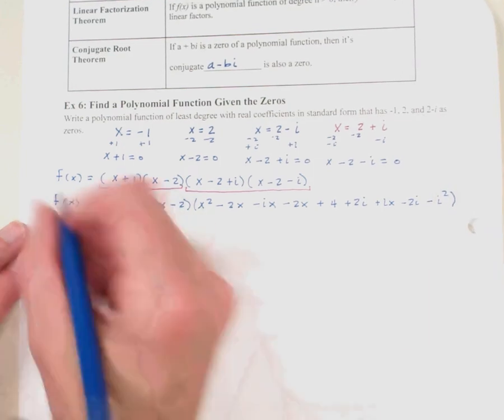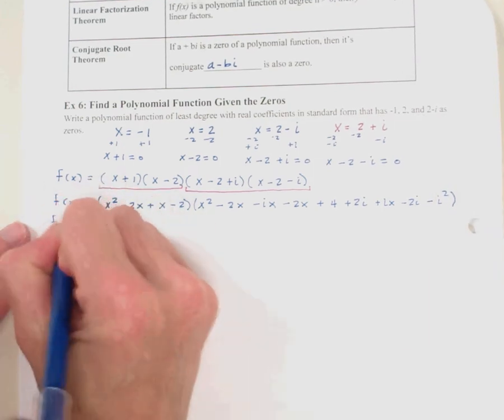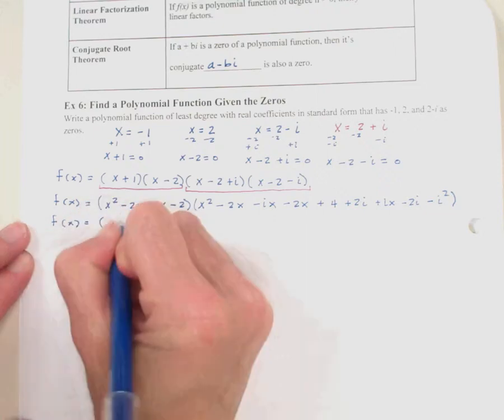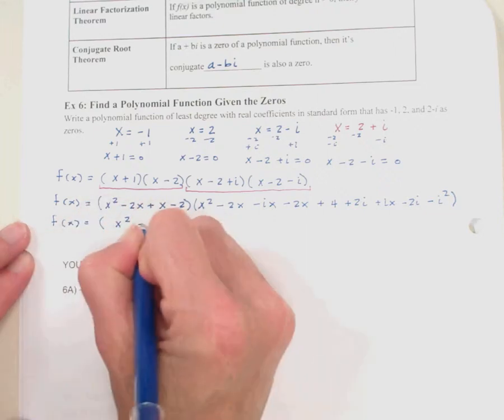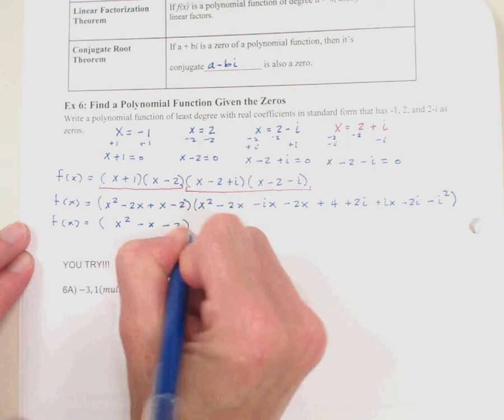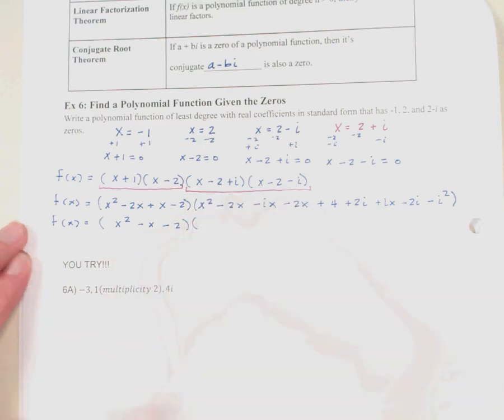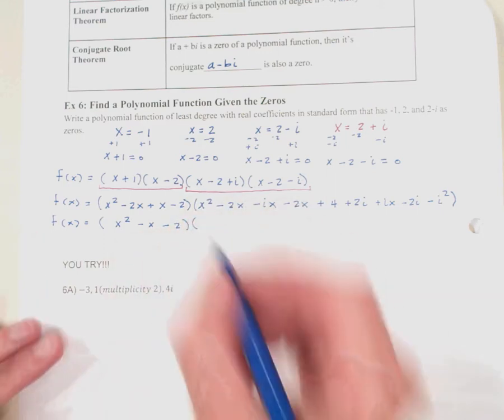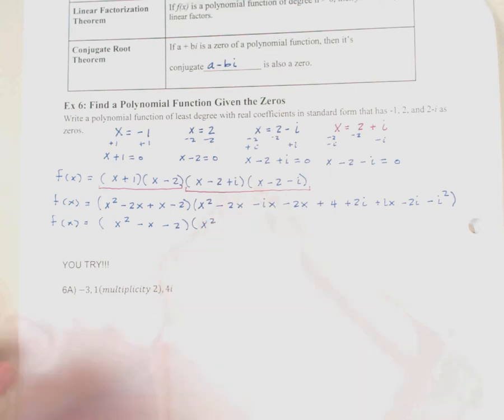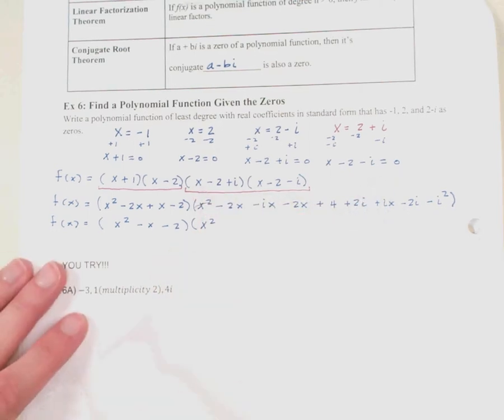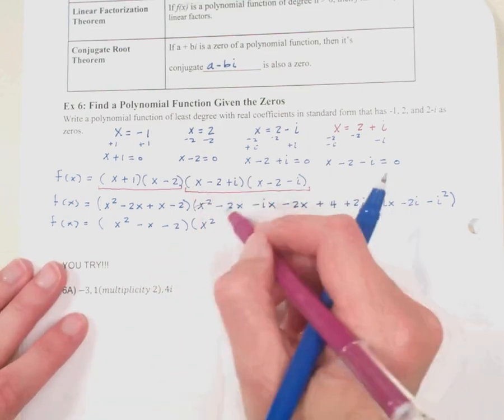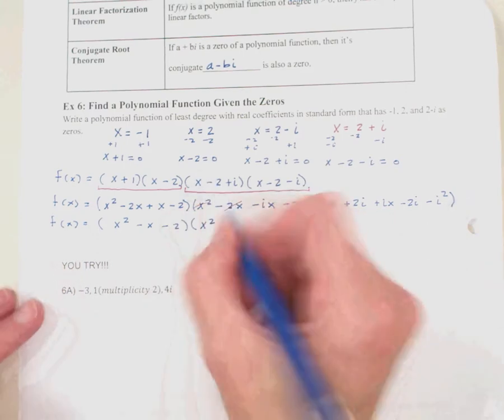Now simplify each quantity, and we have x squared minus x minus 2. And for my second quantity, I have an x squared. I'm going to cross out the x squared. A negative 2x and a negative 2x make negative 4x.